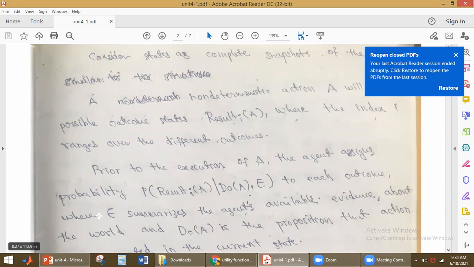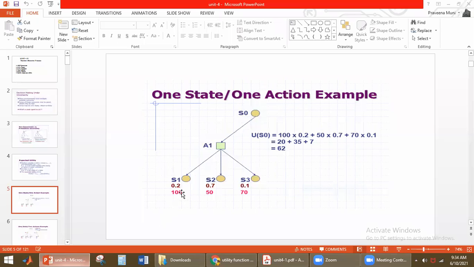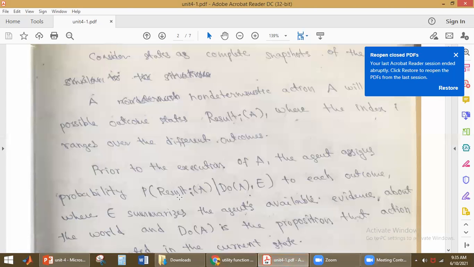So see this example, students. Here for each outcome, the probabilities 0.2, 0.7, 0.1 are assigned to each and every state. So this should be assigned before execution of A itself.